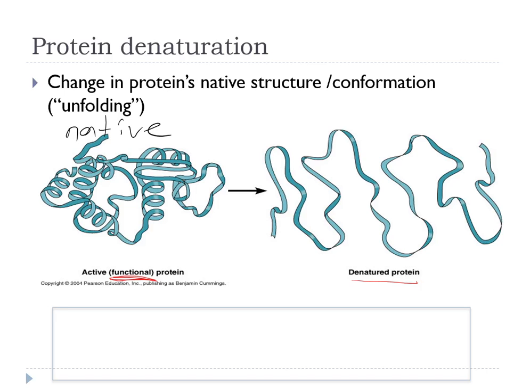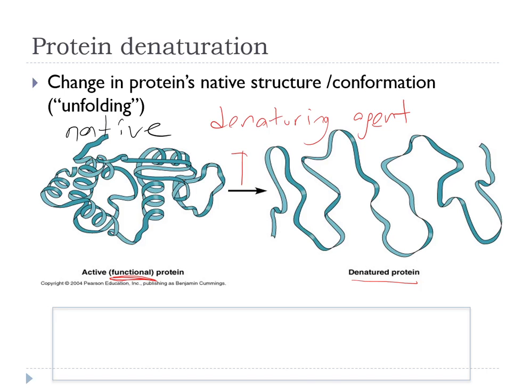So if the protein is subject to a denaturing agent, so like this, the internal interactions between the protein's amino acids can be altered, which in turn may alter the shape of the protein.